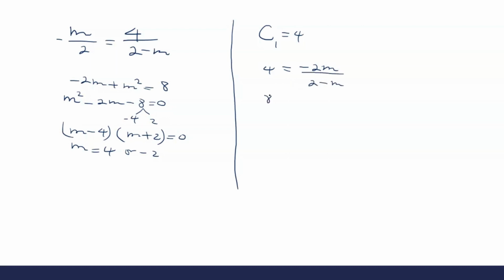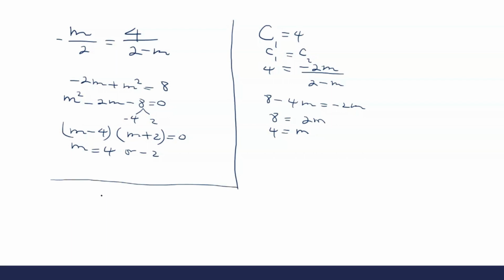So that's 8 minus 4m equals negative 2m, which gives me 2m, so m must be 4. All right, now this is C1 and C2, and I want to find out when it's no solution and infinitely many solution.